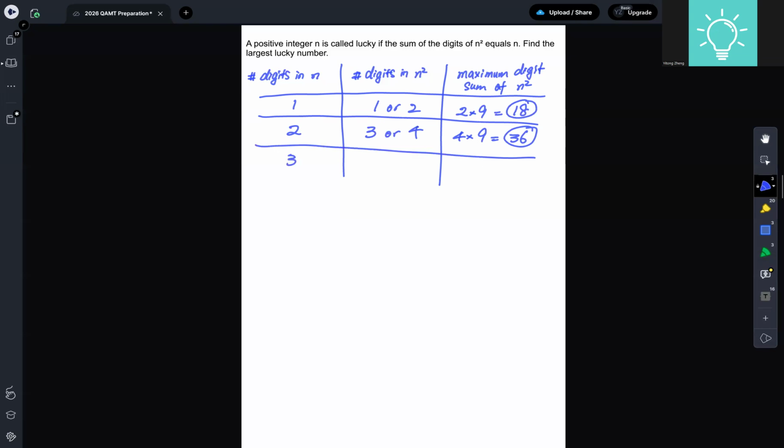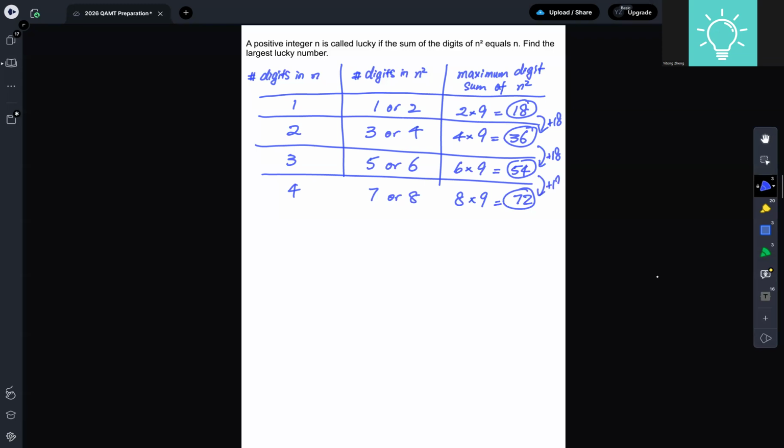If n has 3 digits, then there's 5 or 6 digits in n squared. So the maximum digit sum is 6 times 9, 54. And with 4 digits, you should be able to see the pattern here. The maximum digit sum is just increasing by 18 each time.